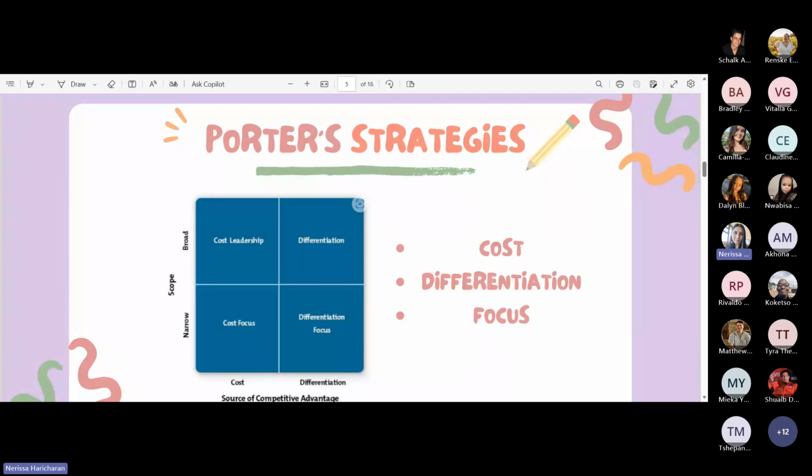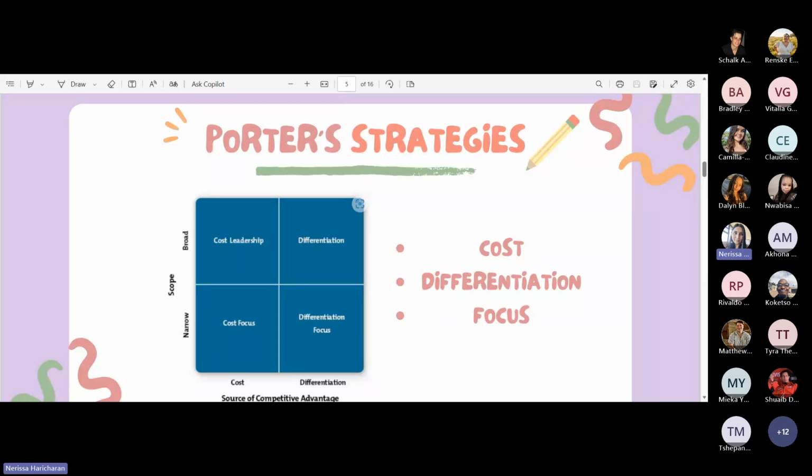So you can split your focus into a cost focus drive, where you are trying to seek a cost advantage in this specific market, or you are trying to be more personalized or different in a specific market. This is how you can switch between the two.